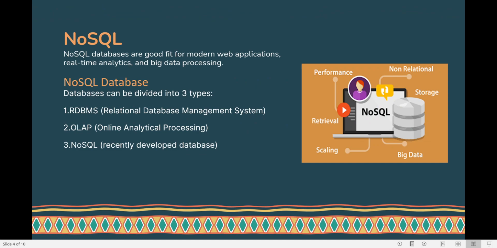NoSQL databases are a good fit for modern web applications, real-time analytics, and big data processing. Databases are divided into three types. First one is RDBMS, Relational Database Management System. Second one is OLAP, Online Analytical Processing. Third is NoSQL, a recently developed database.